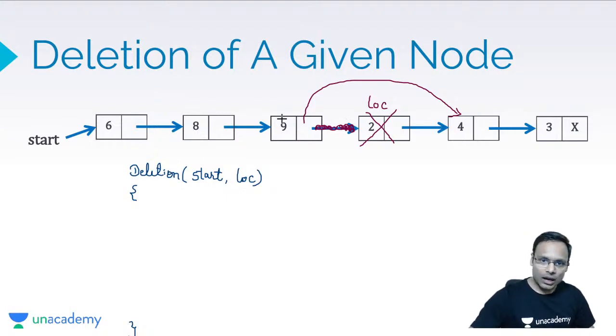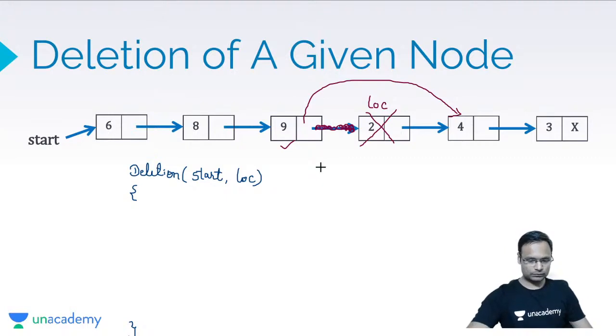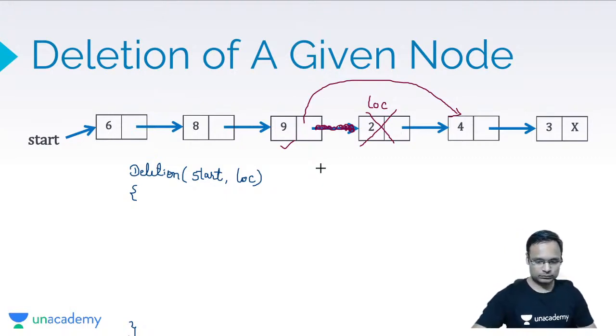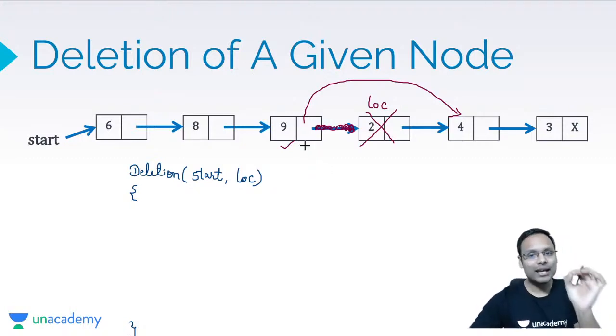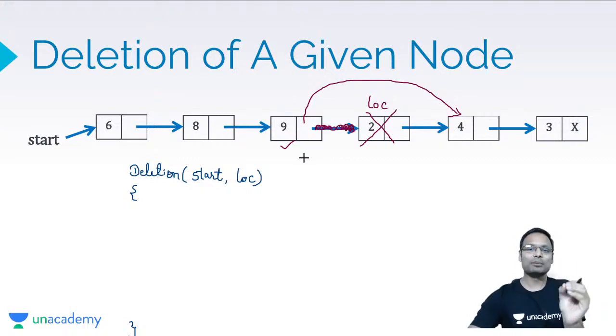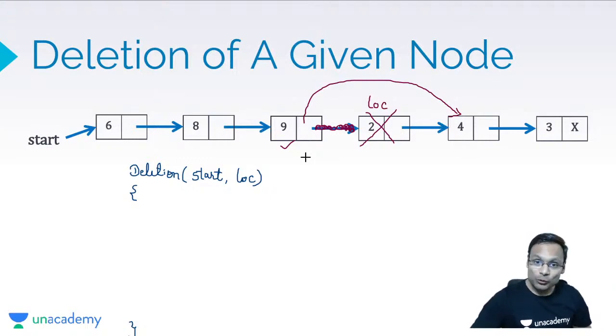Can I get the address of the predecessor of LOC? No. So if I don't have the address of the predecessor of LOC, then in that particular case, I will have to find it. How? Traversing. Simple.